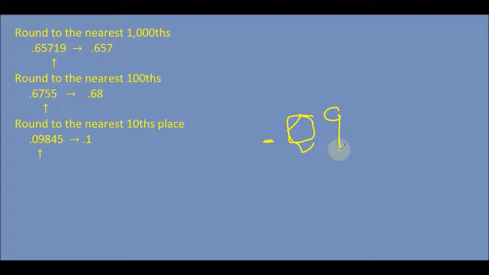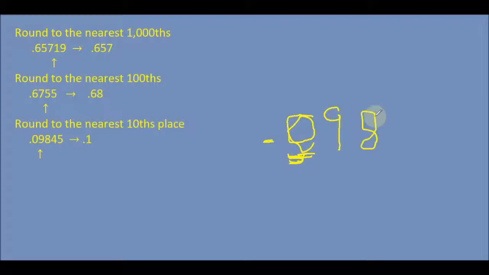So we're going to see, is this closer to 10 cents or is it closer to 9 cents? That's the question we're asking, because we want to round to the nearest tenths place, which is where the dimes are, the 10 cents. We see that there is an 8 here.